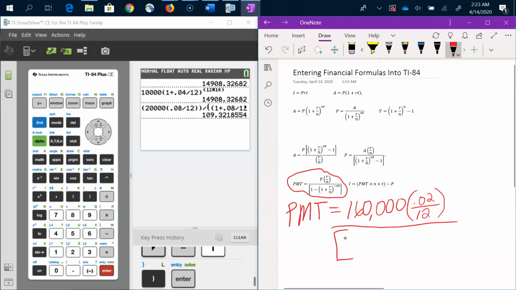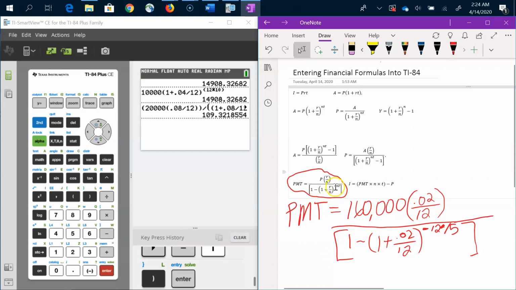Copying the formula down here: 1 minus parentheses 1 plus 0.02 divided by 12, parentheses, now this is a negative symbol, a minus, and then 12, and let's say that we have a 15-year mortgage, so this is times 15. And I've got a closed bracket.